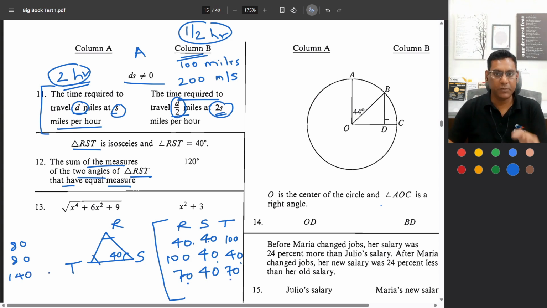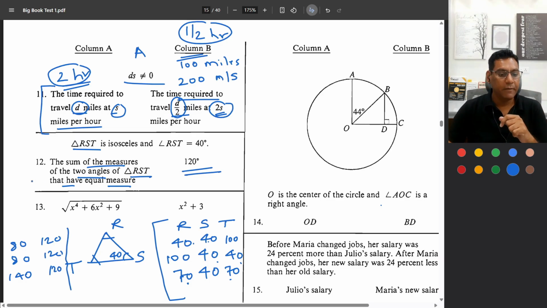This possibility we should not miss, because that's where the game is, since we need to compare that with 120. In two cases we get one answer, in the third case we get a different answer. We can't really determine. The answer is B. It's a slightly tricky question. We tend to assume that 40 is the common angle, but there is no information given in that regard.